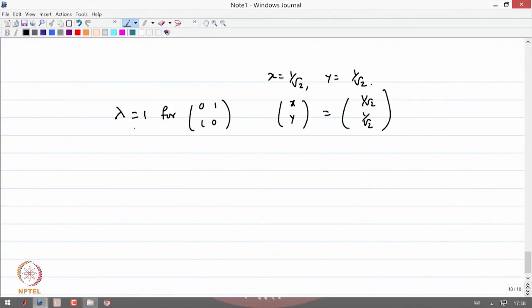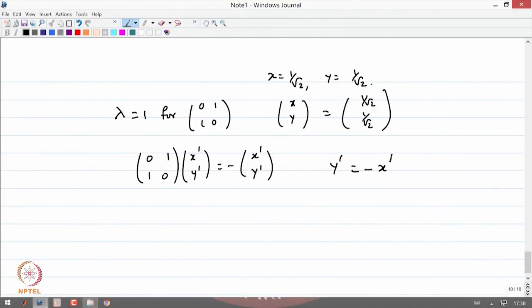Now for the eigenvalue lambda equal to minus 1, you have to solve this equation: 0, 1, 1, 0 times (x prime, y prime) is equal to minus (x prime, y prime). This equation is nothing but x prime equal to minus y prime. The first equation is actually y prime equal to minus x prime, and the second equation is obviously x prime equal to minus y prime.